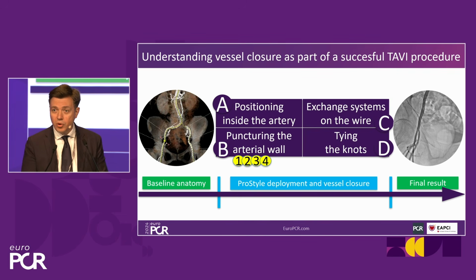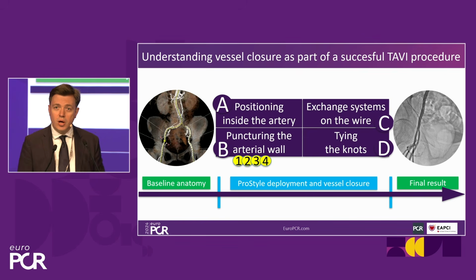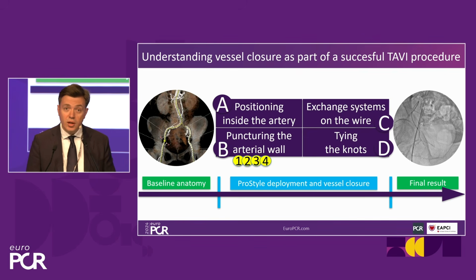You need to know on the model and always in your mind what the steps are. You need to know the 4 steps of puncturing the arterial wall correctly. You need to know the 4 concepts of positioning inside the artery, puncturing the arterial wall, exchanging all the systems on the wire, including a second device, and of course tying the knots. But you also need to know what's to the left and to the right of it. You need to know how to perform a good puncture of the femoral artery initially.